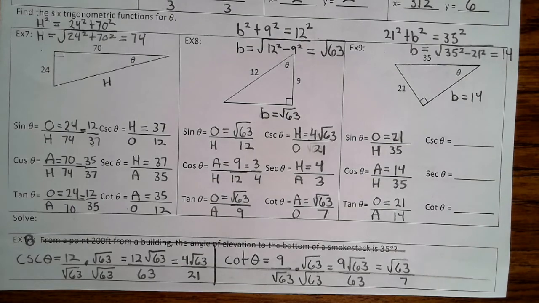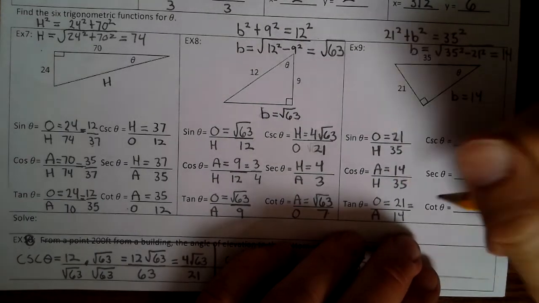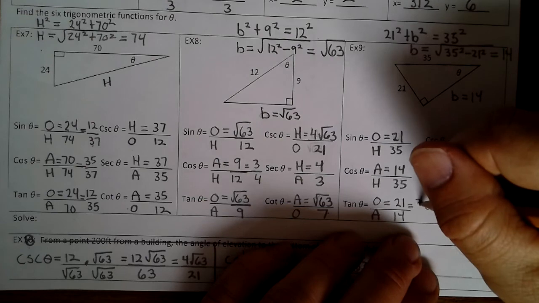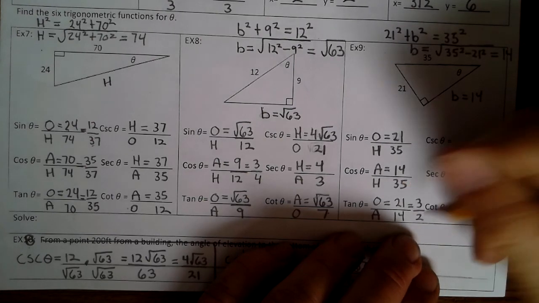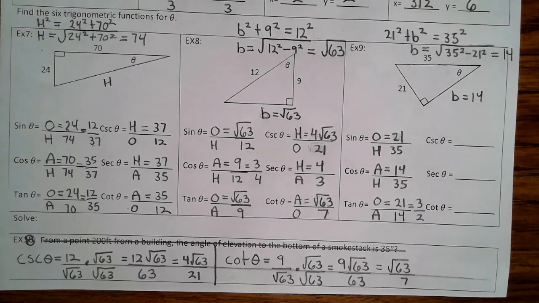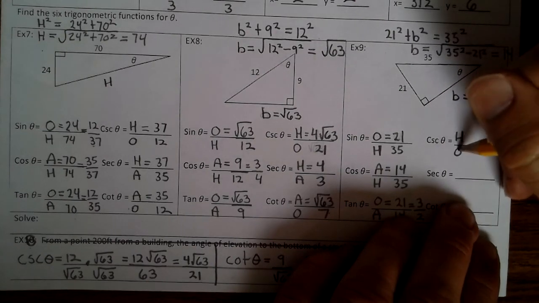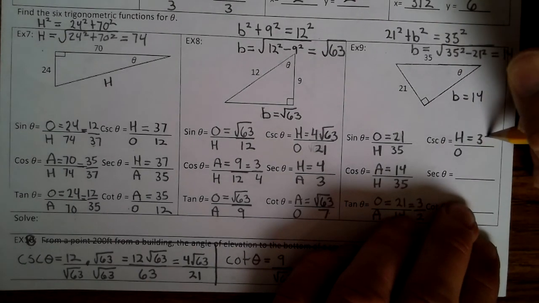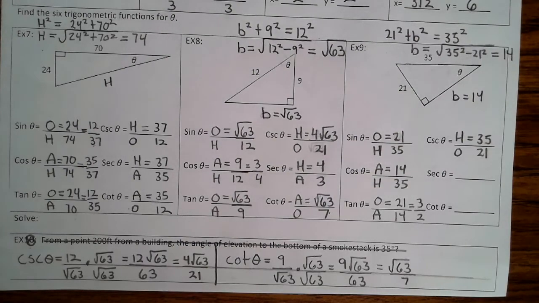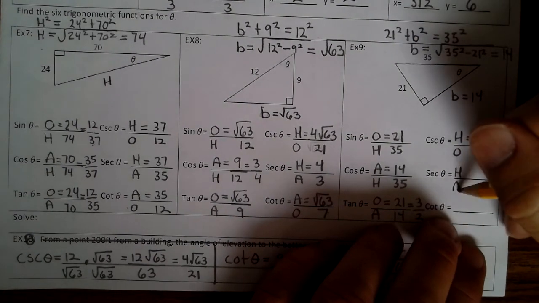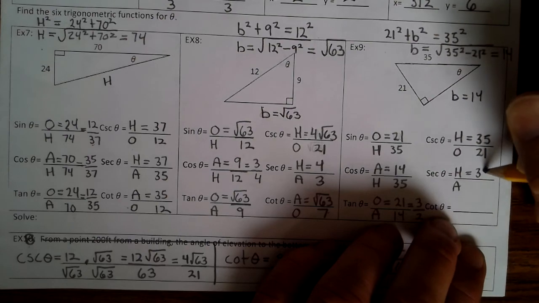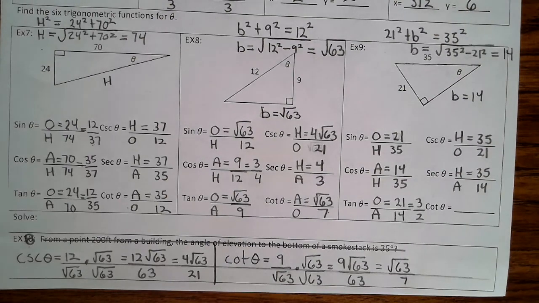So that's 35 divided by 21. Secant is hypotenuse over adjacent, which is 35 divided by 14. And cotangent is adjacent over opposite, which is 2/3. Okay, go ahead and finish up your examples, start working on your assignment, and have a wonderful Wildcat day.